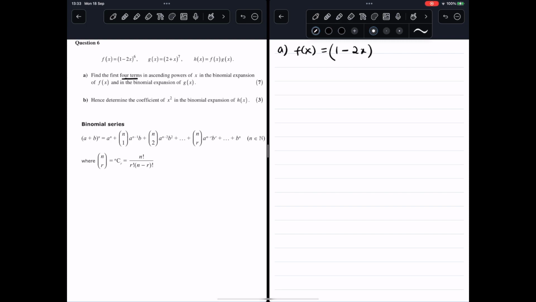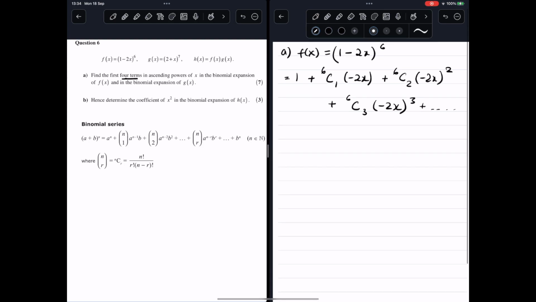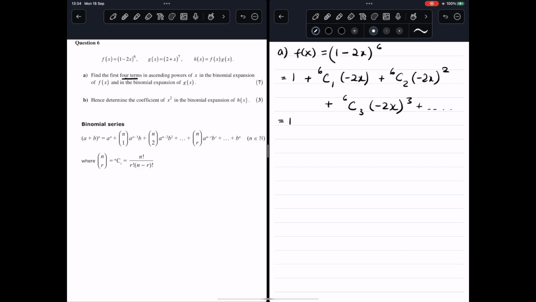So let's start with f(x) as (1 minus 2x) to the power of 6, which can be written as 1 plus 6C1 times minus 2x plus 6C2 times (minus 2x) squared plus 6C3 times (minus 2x) cubed, which further simplifies to 1 minus 12x plus 60x squared minus 160x cubed, and so on.